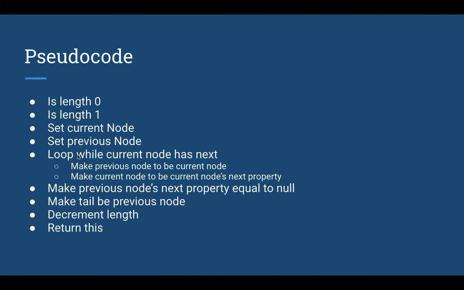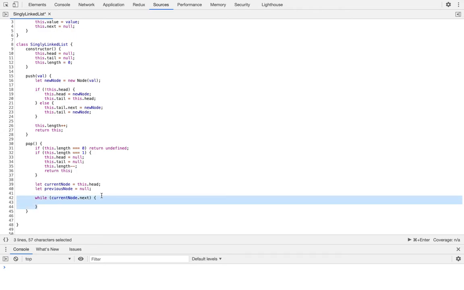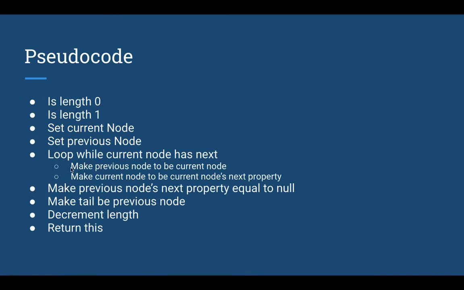Next, we want to start a loop. So loop while the current node has a next property. So while current node.next, then move within this code. Within this block of code, we first make the previous node to be the current node, and we're going to make the current node to be the current node's next property.